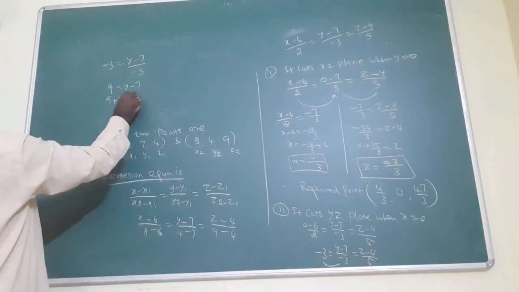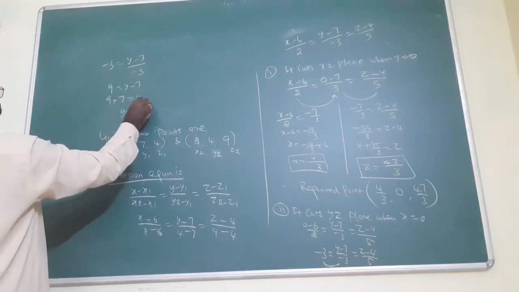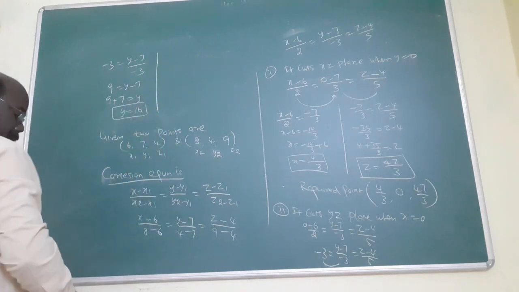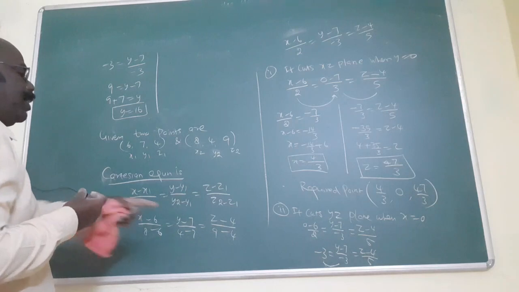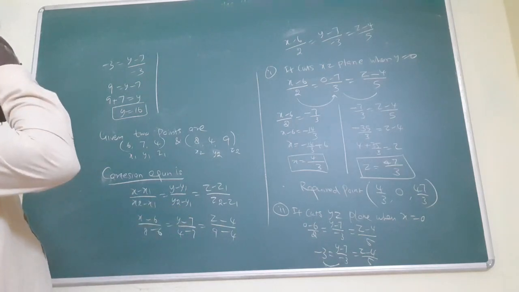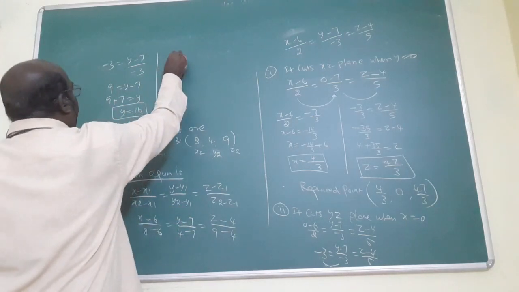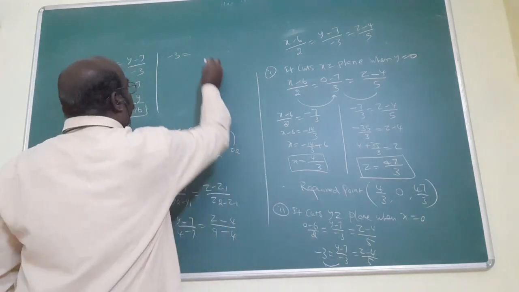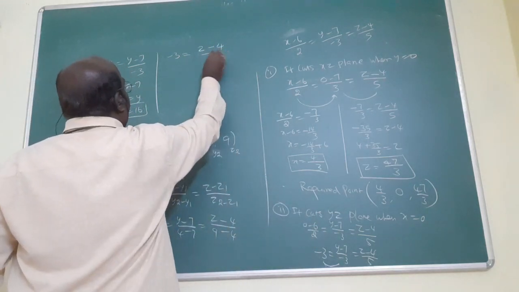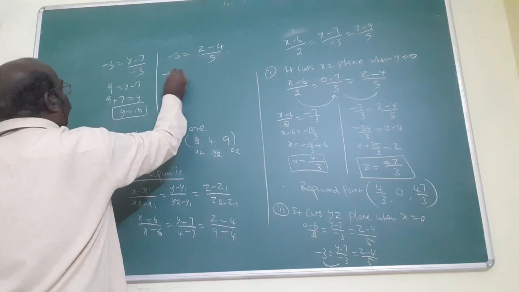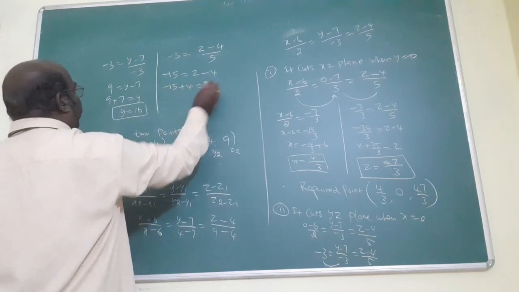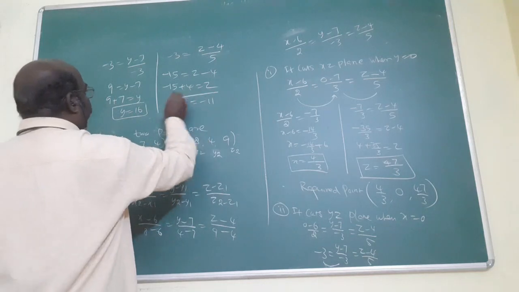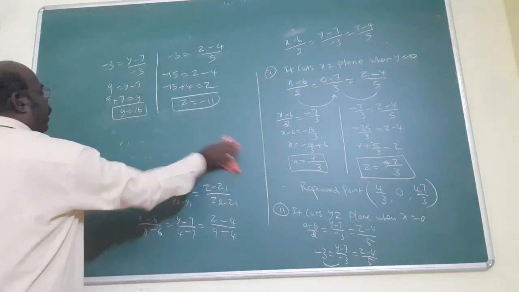So 9 plus 7 equals y, y equals 16. Now first to the last: minus 3 equals (z minus 4) by 5. Cross multiply: minus 15 equals z minus 4. Minus 15 plus 4, z equals minus 11.